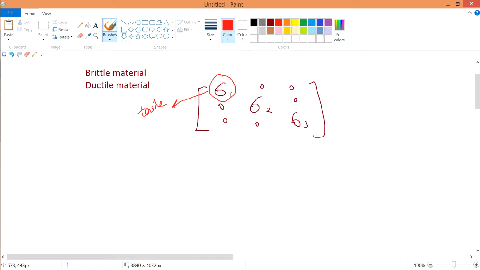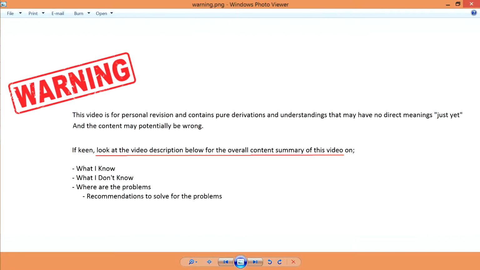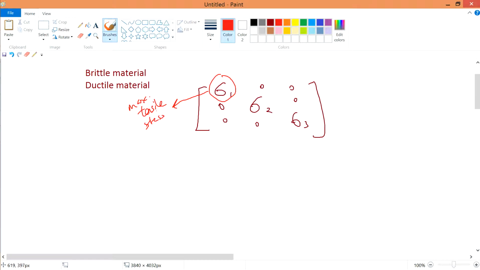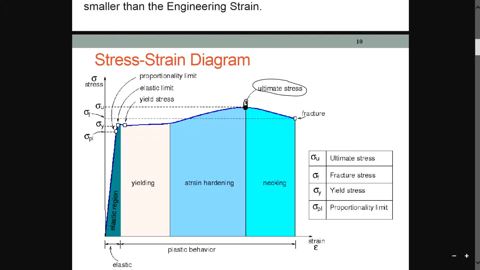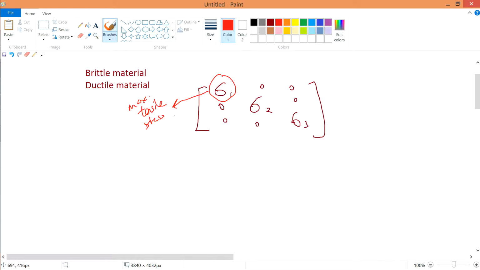It is called the tensile stress, and it's the maximum tensile stress. If you were to visualize it graphically, this is our maximum tensile stress, our ultimate stress, where it's going to before it breaks. So maximum tensile stress is the ultimate tensile stress.